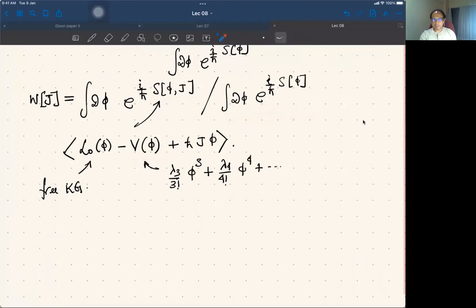So we shall develop certain tools to describe W[J] completely in terms of Feynman diagrams. There are two basic points. One is that this V[phi] can be replaced by a certain number of derivatives with respect to J, acting on the original path integral without V[phi]. That is how you handle V[phi] upstairs.